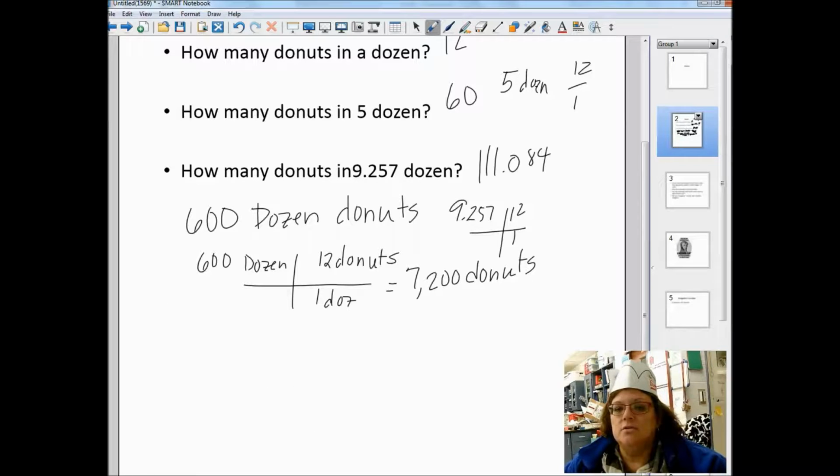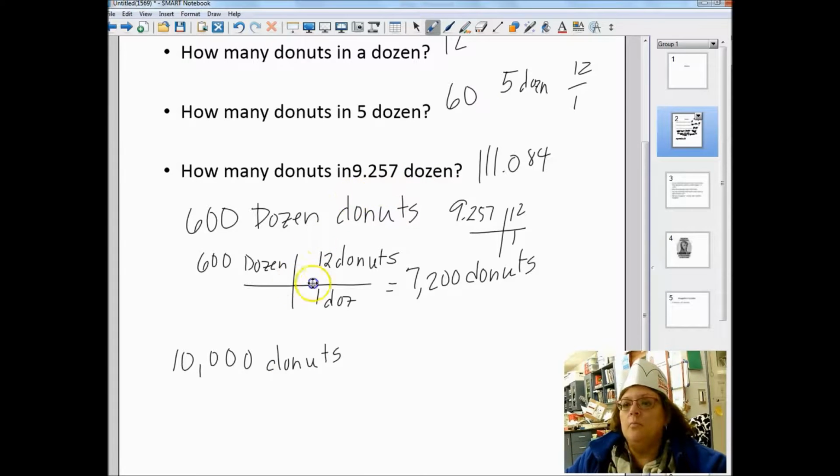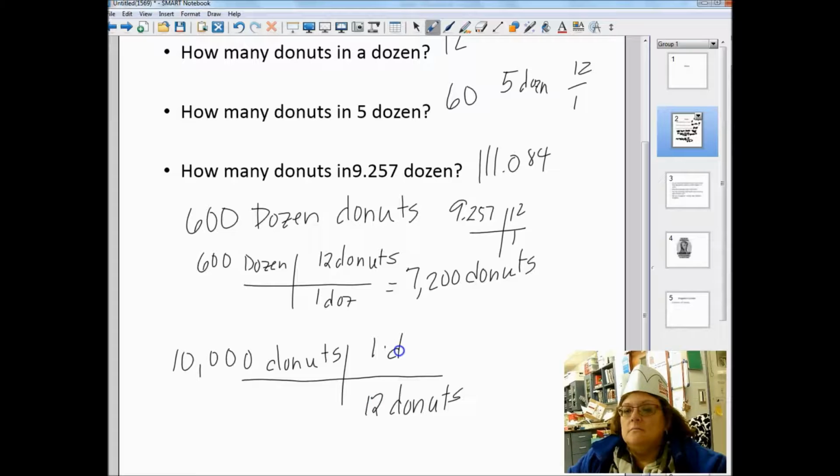What if I asked you how many dozen are in 10,000 donuts? Well, up here we were using a ratio, 12 donuts in 1 dozen, so we multiplied. Now we're going the other direction. 10,000 donuts, we know that there are 12 donuts per 1 dozen. So, what do we have to do?